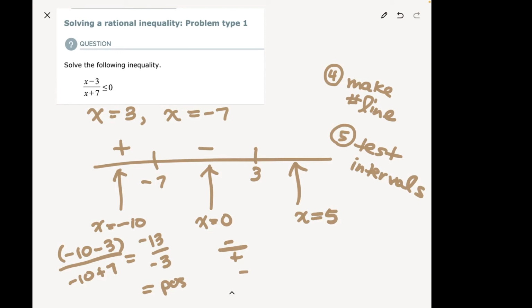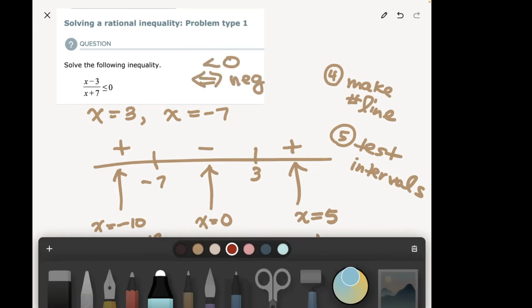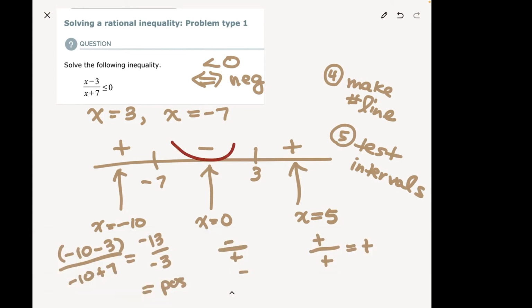And then at 5, 5 minus 3 is positive, 5 plus 7 is positive, and a positive divided by a positive is a positive. I remember that if I have less than 0, that's the same as saying negative. So I know that I'm going to pick my middle interval.